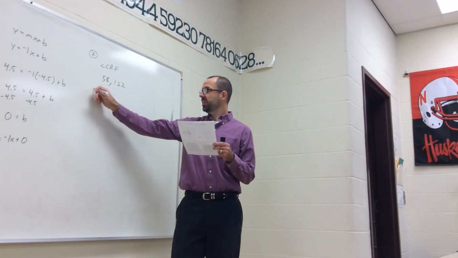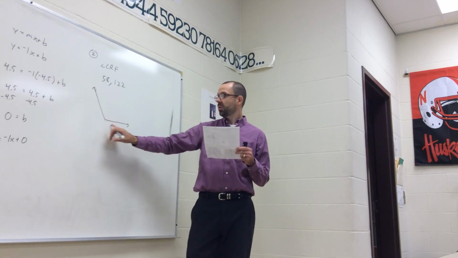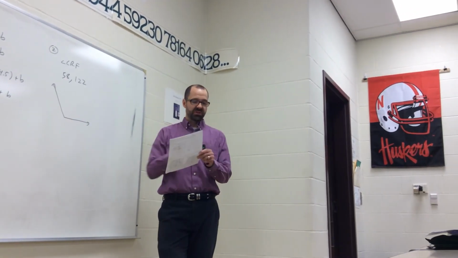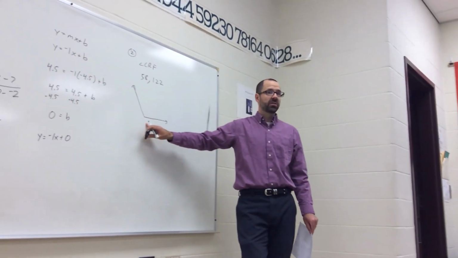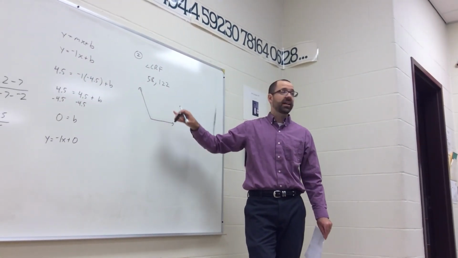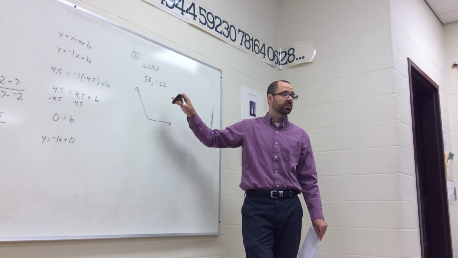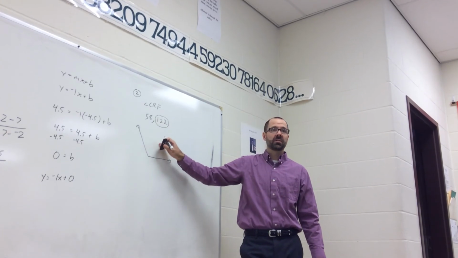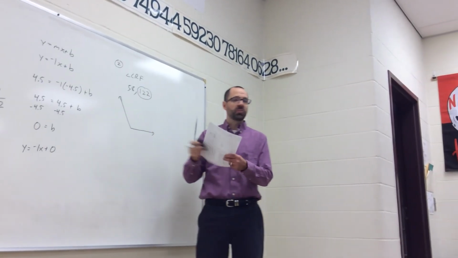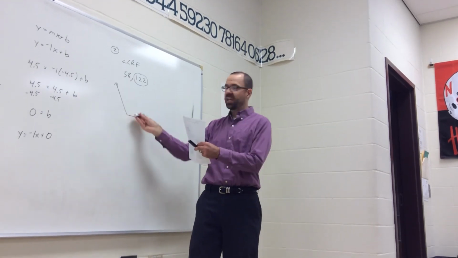So if you look at C to R to F, is that an acute angle or is that an obtuse angle? It's an obtuse angle. So which one's the right answer? 58 or 122? 122, because that's bigger than 90. Okay, so what we're measuring with this protractor is how much rotation there is.